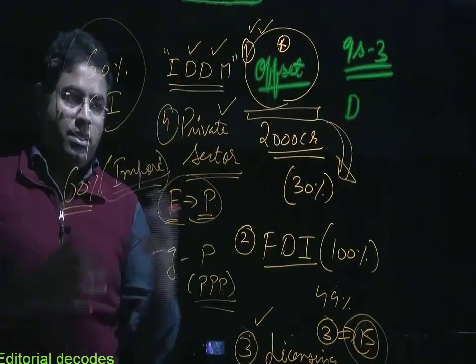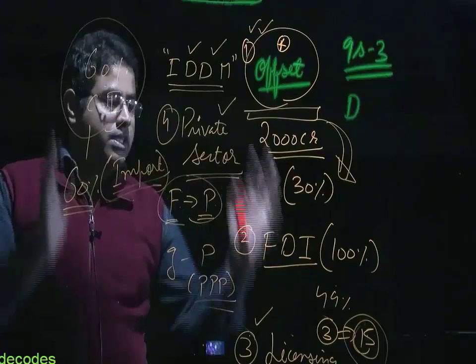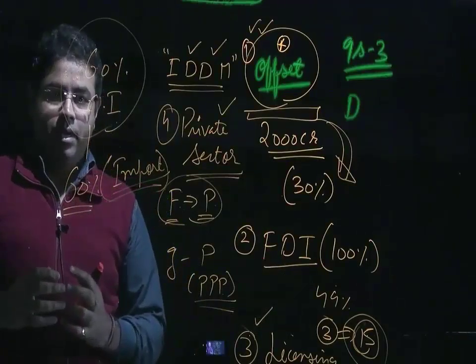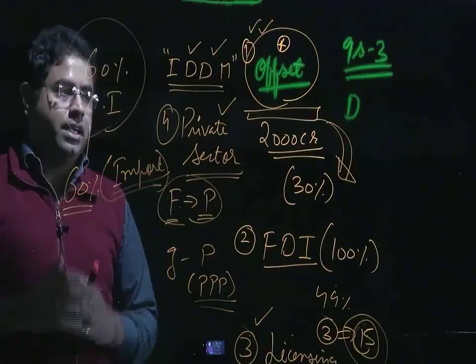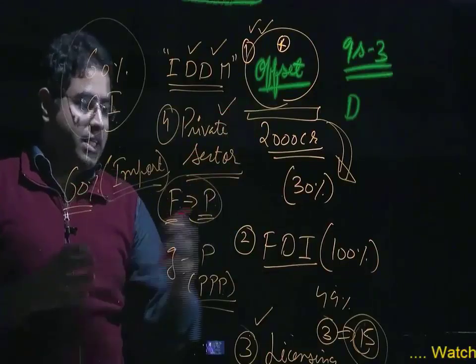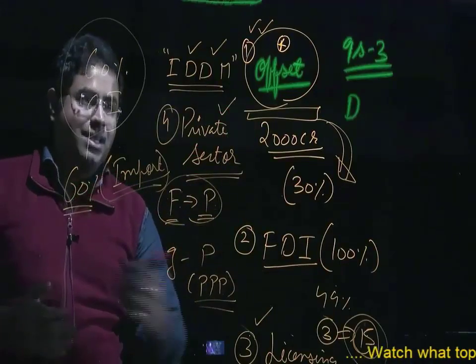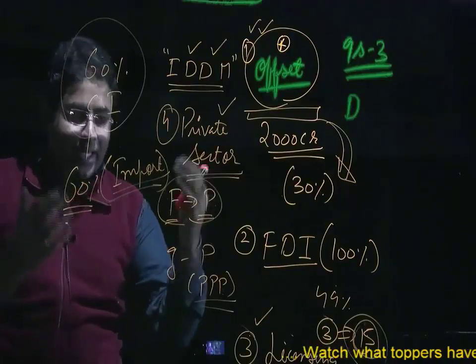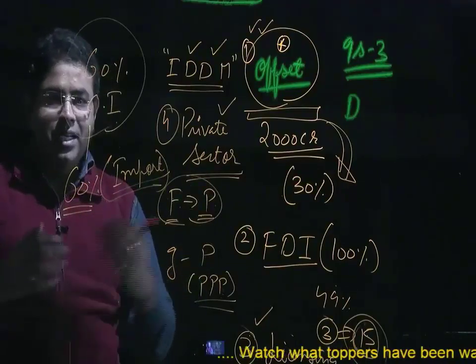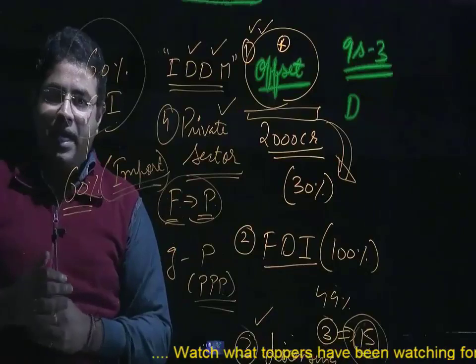So that is the reason the government has completely altered its policy in the last 10 to 15 years, and it has introduced the offset clause, liberalized FDI, liberalized licensing, invited the private sector, and focused on indigenous design, development and manufacturing.